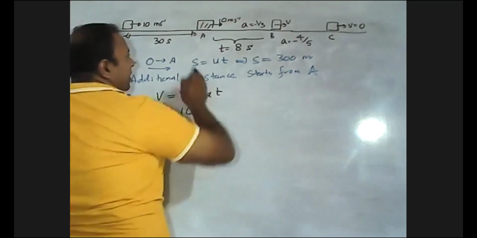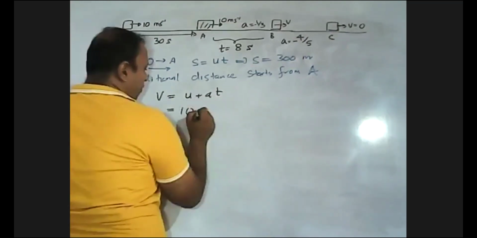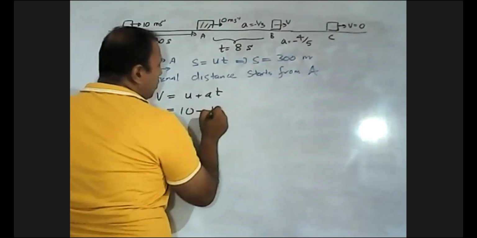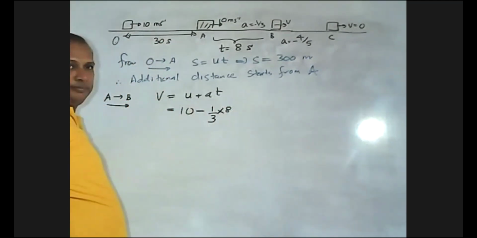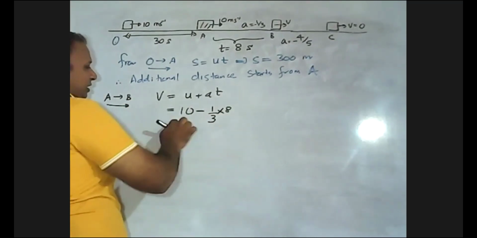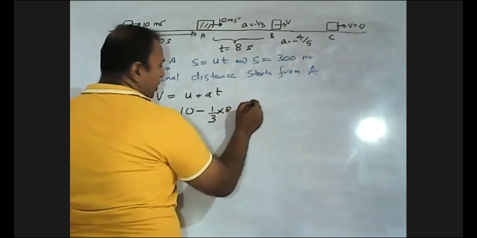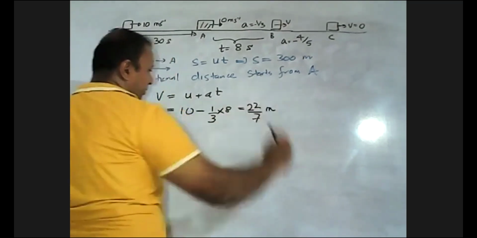And we know it is a deceleration in this direction. Therefore, acceleration is minus 1/3 into 8. Therefore, 30 minus 8 means 22/7 meters.